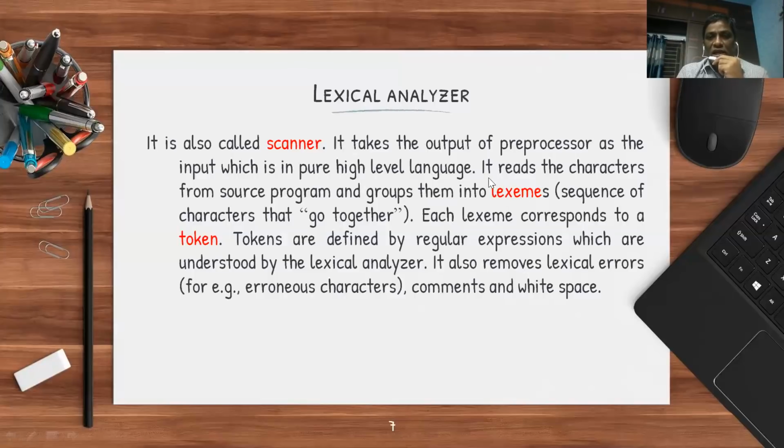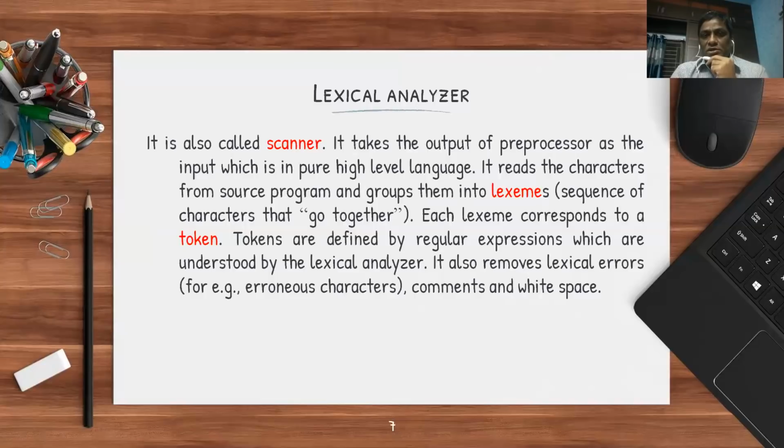I'll repeat this sentence because you need to understand it to build this lexical analyzer properly. Read the characters from the source program one by one and group them into lexemes. For example, let us say you declared two variables in your C program by using int space a comma b followed by a semicolon.